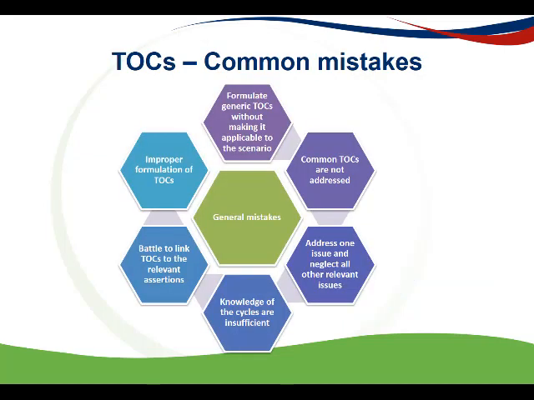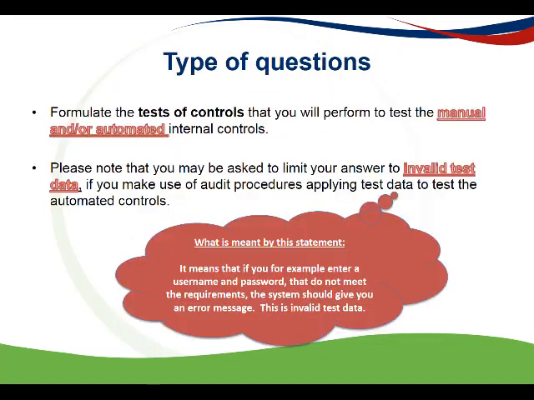These are some of the common mistakes made by students when answering test of control questions. Students sometimes formulate generic test of controls without making it applicable to the scenario. We've also identified that the knowledge of the cycles is insufficient. We can ask you to formulate test of controls that you will perform to test the manual and/or the automated internal controls.